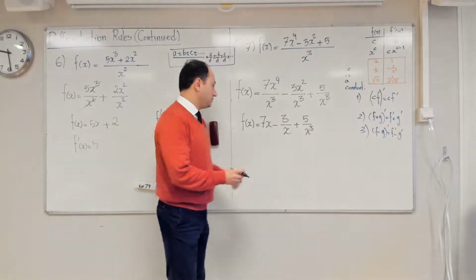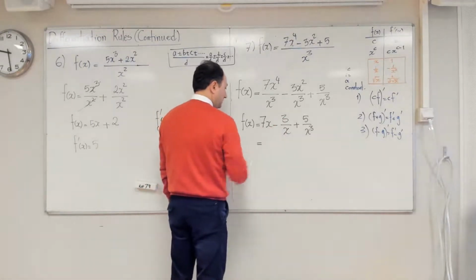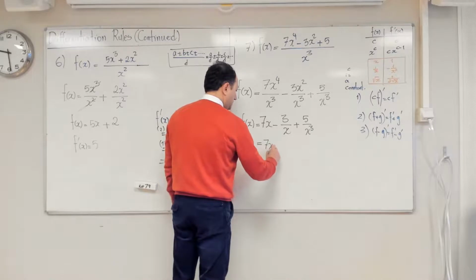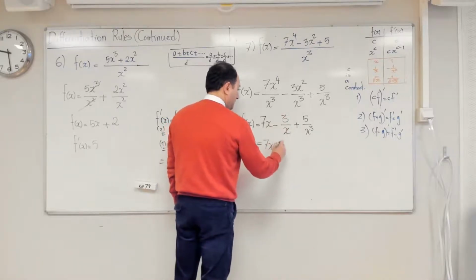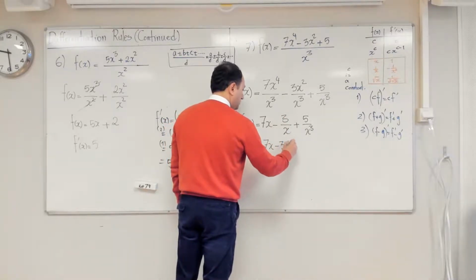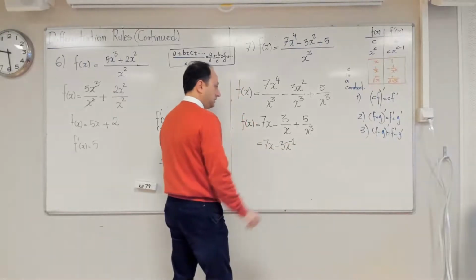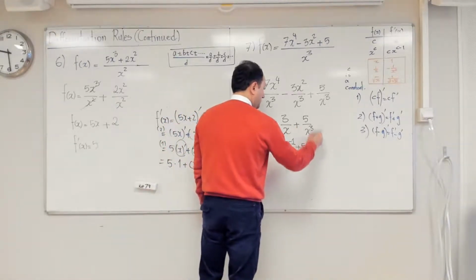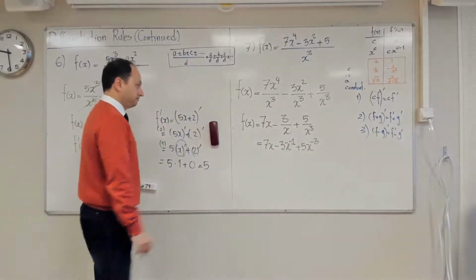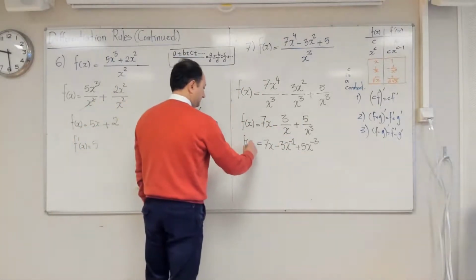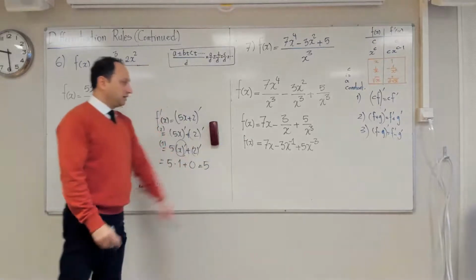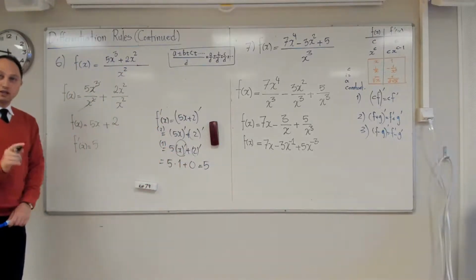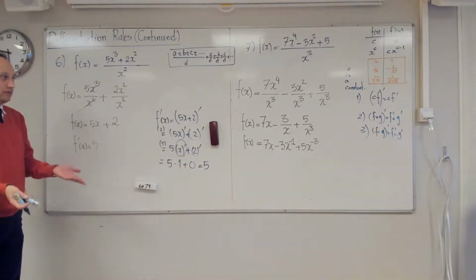But this one, let me write it with negative powers. So this becomes 7x. I need to bring it up. It becomes minus 3x to power minus 1. The next one is 5x to power minus 3. Do you agree? So you see, one thing is very important. I am not simplifying anything.